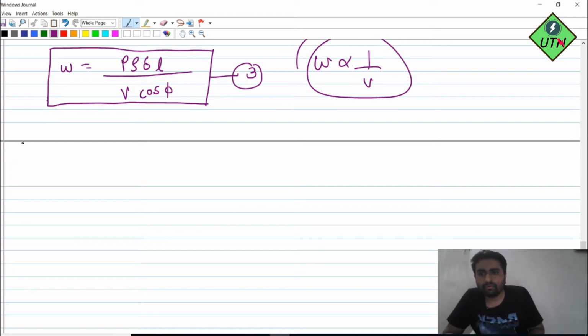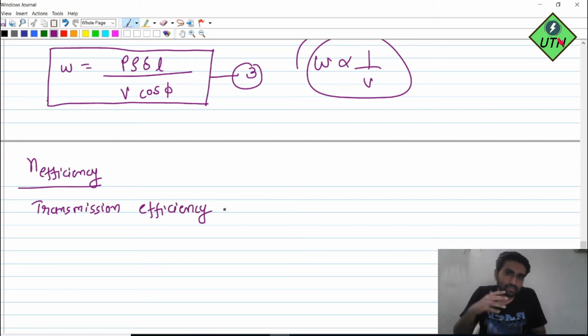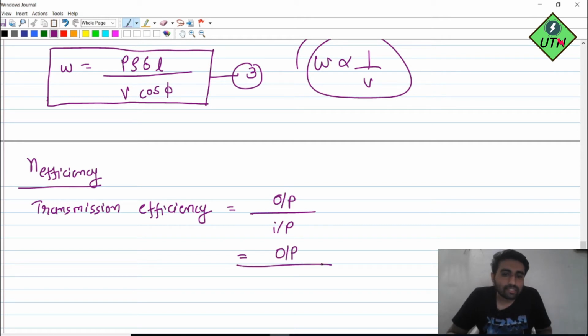Now we are moving forward to the efficiency. Here we are talking about the transmission efficiency, and any efficiency we refer to is basically output divided by input. And we can say that our input is basically the sum of output plus whatever losses we have in the system.